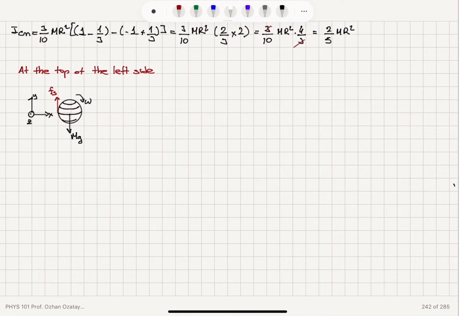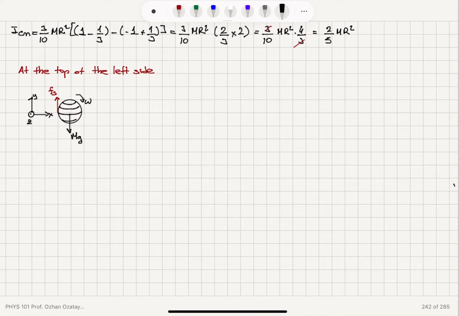So at the top of the left side, if I draw the free body diagram of this spherical marble, I have the weight mg pointing down, and because it's going to be rolling without slipping, the friction will be a static friction, Fs, that will be pointing up.